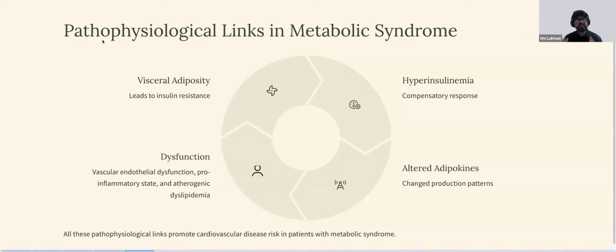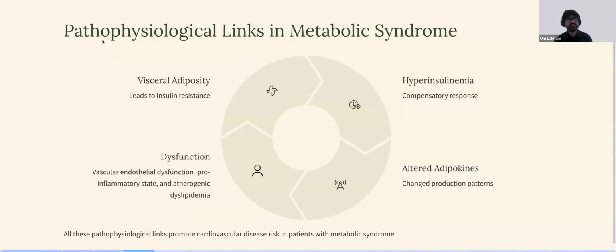Also, with the test of metabolic syndrome, you're already seeing the dysfunction associated with insulin resistance, and very importantly, the vascular endothelial dysfunction, which is a very important marker of insulin resistance and its clinical features. And it also indirectly gives you altered adipokines, right?